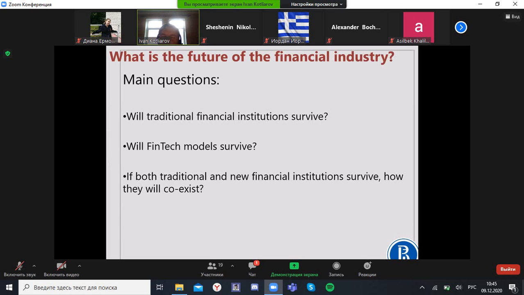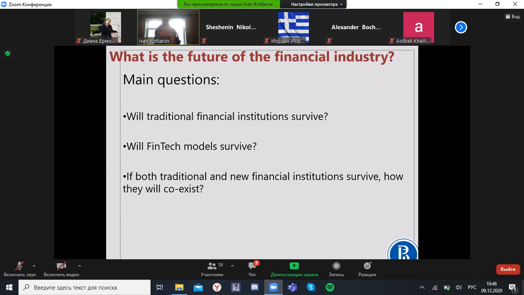Cryptocurrencies started as a great challenge to the traditional financial system. They were intended to replace traditional money, but as you probably know, their success was very limited. The hype ended 3 years ago, and now virtually everybody forgot about cryptocurrencies. So the initial model of cryptocurrencies did not survive.